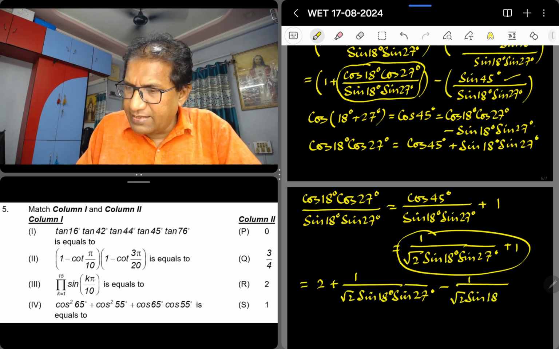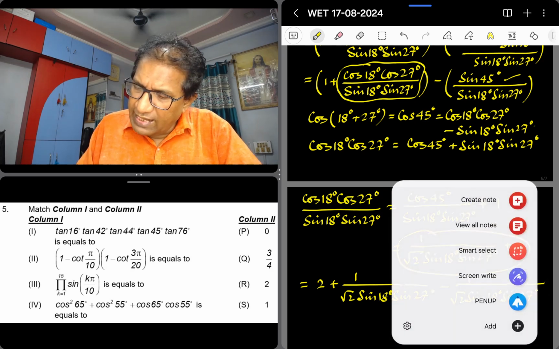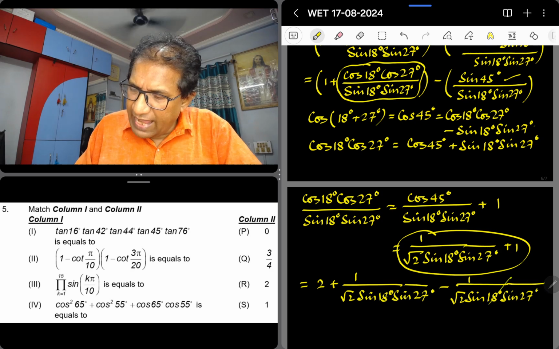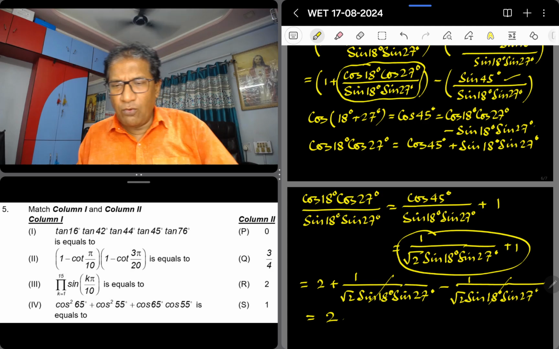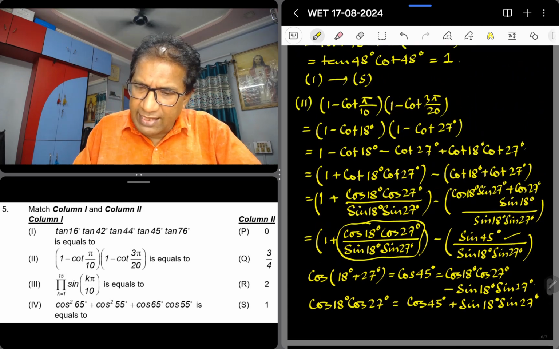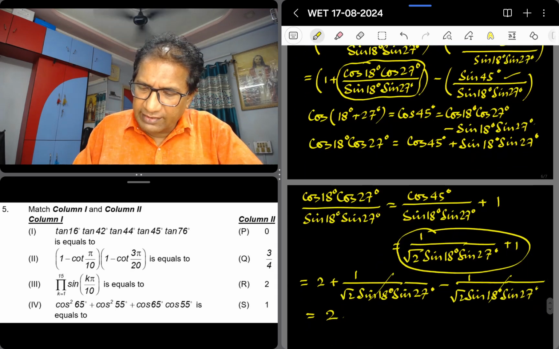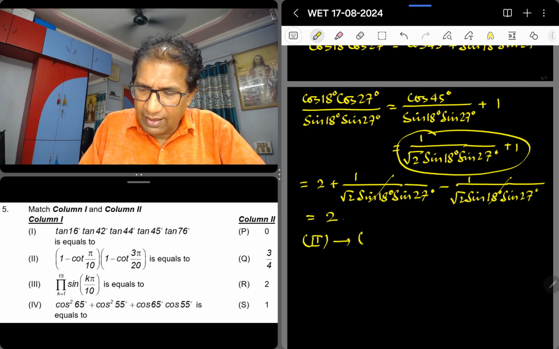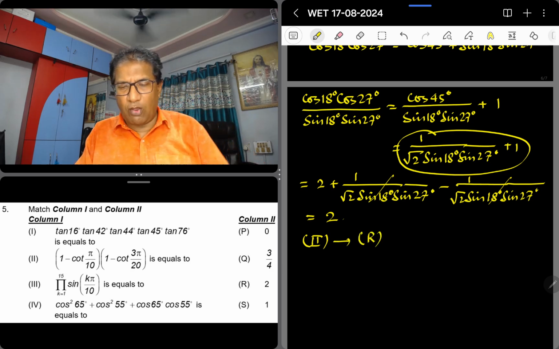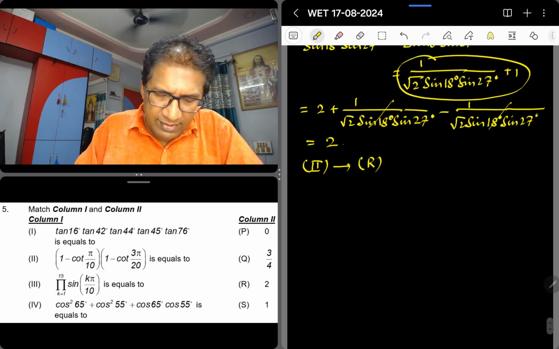Along with that, sine 18 sine 27 is in the denominator, right? So this and this will be cancelled. So we are left with 2. Therefore, the value of the given expression is nothing but 2. So 2 will be linked with R, right? It will be matched with the option R given.